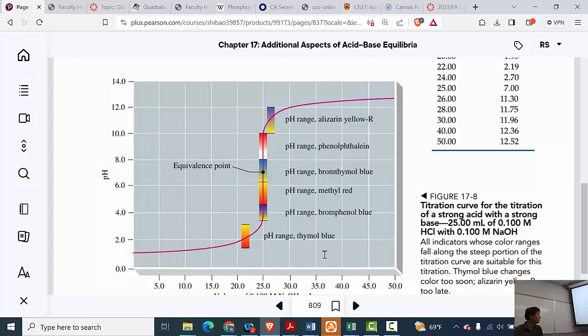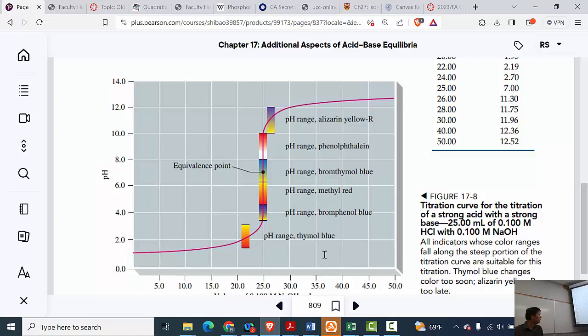And 10 pH units is 10 powers of 10, which is like 10 billion. So there's a change: you become 10 billion times less acidic, or 10 billion times more basic.